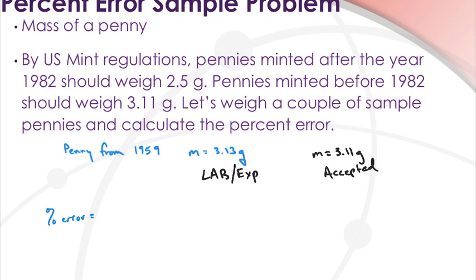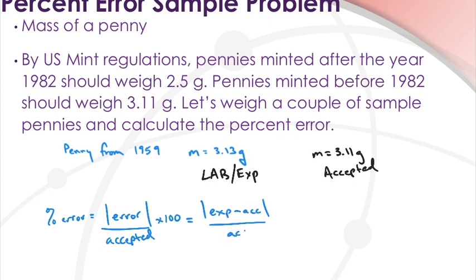All right, so on the top is the absolute value of error, right? We're going to write this out and actually put in all of our numbers. Divided by the accepted value times 100. Well, let's go ahead and plug in what error is, right? That is our experimental value minus the accepted value divided by the accepted value times 100.